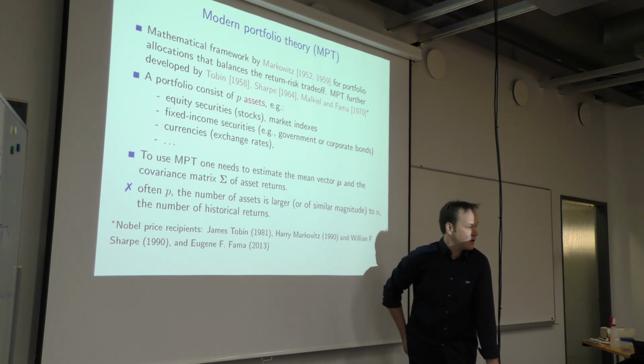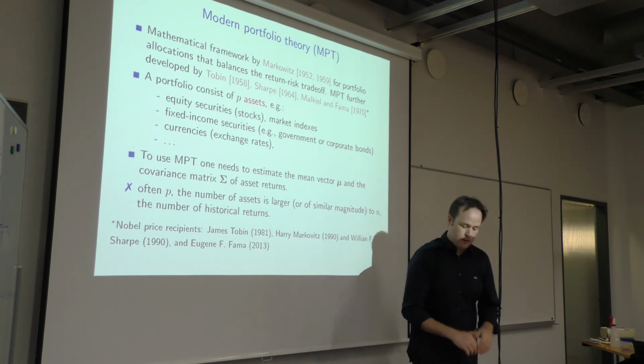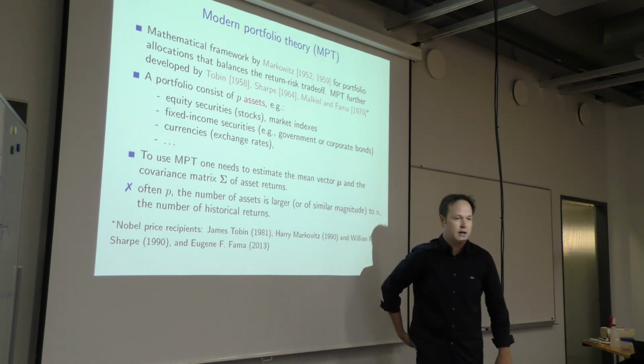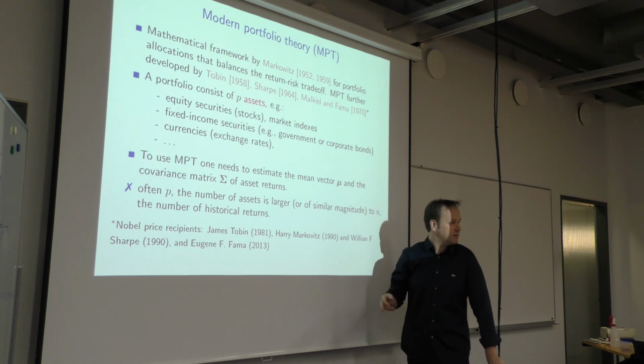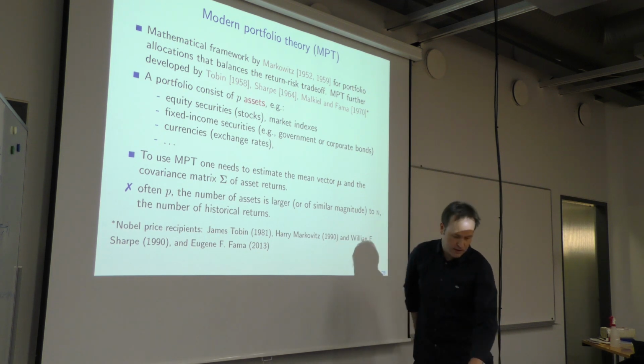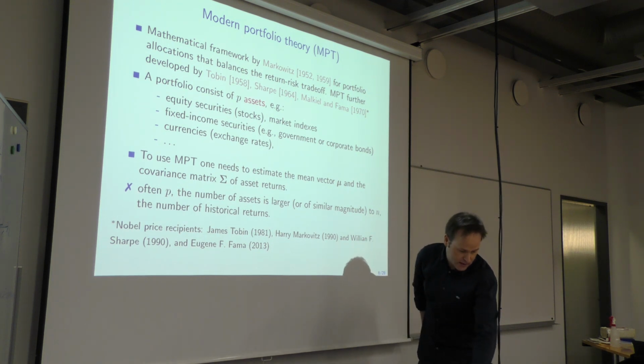And probably Sharpe is the most well-known for the common man because the Sharpe ratio, you see it when you open the newspaper. You see each stock has a certain Sharpe ratio. All these guys that I just mentioned are Nobel Prize recipients. So this is a very important topic in mathematical finance.